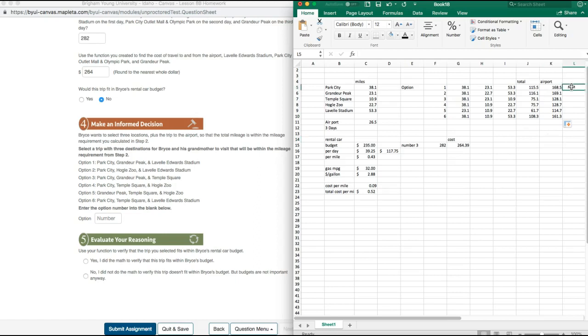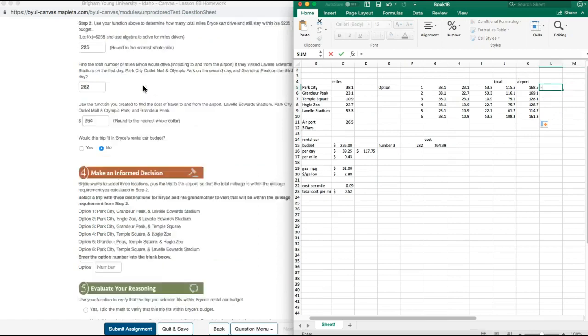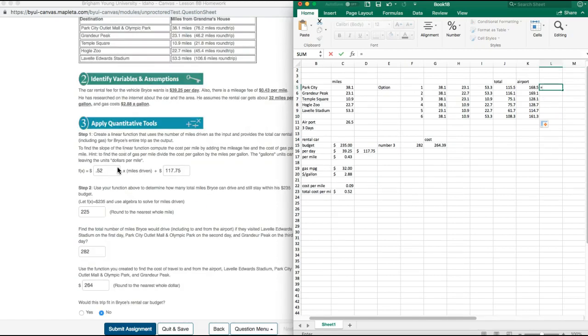So for each of these, we can type in our function again, which we have up here, 0.52 times the number of miles, and then add my 117, and I'm going to absolute cell reference this one so I don't forget. And let's see, did everything else work out? Yep, it looks good. Okay, so then I can click and drag and find the total for all of my vacation. Just double check that that's working.